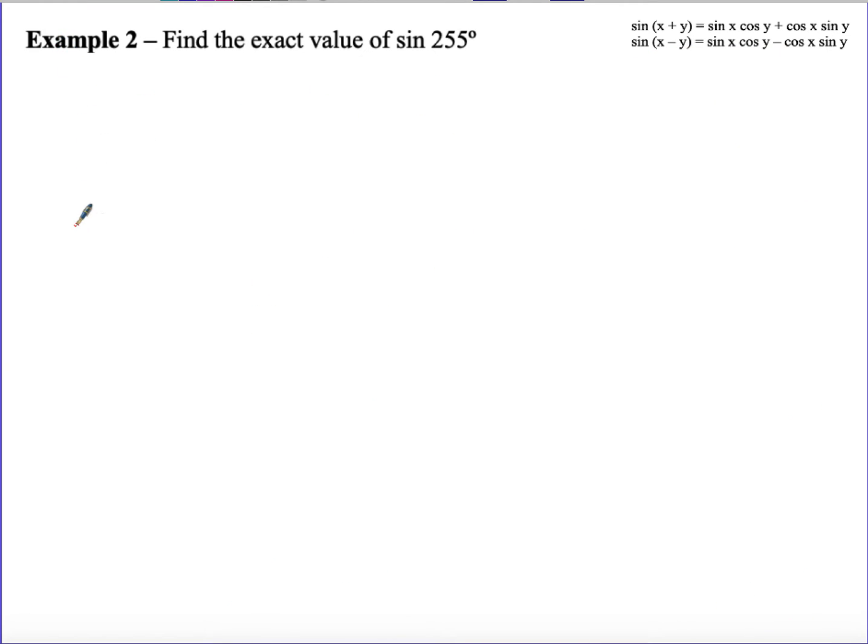Let's try it again for example number 2, finding the sine of 255. Again, I would encourage you to think of what adds or subtracts to 255. You can pause this video. What adds or subtracts to 255 from the special triangles or something that is a reference angle from one of the special triangles?